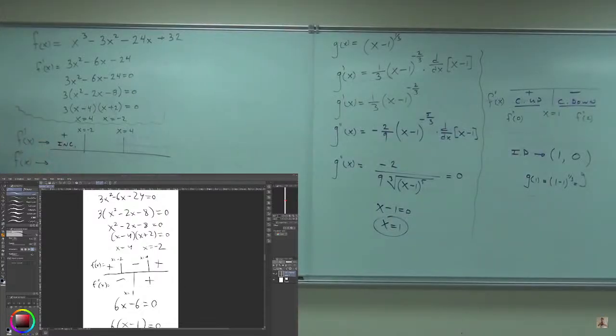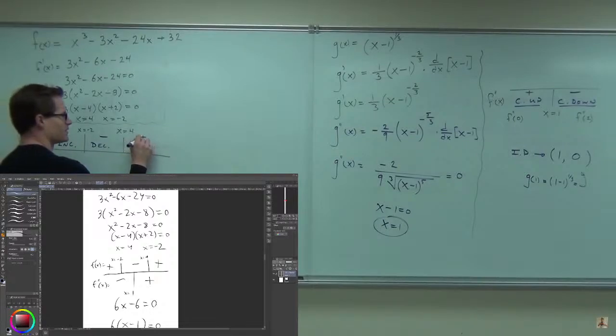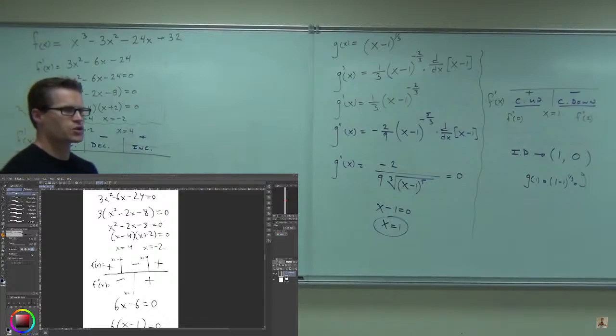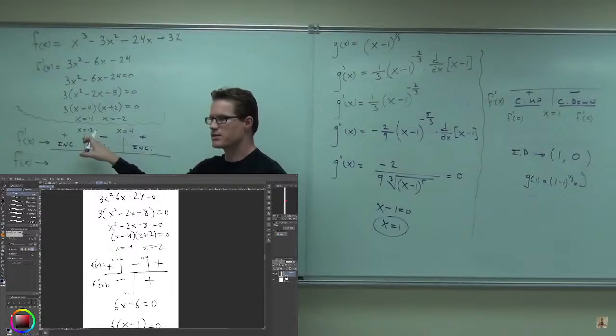How about for 0? I think I'd probably do that one. Decreasing. Increasing? Yeah. Show of hands, how many people made it that far? Did you interpret it correctly for increasing, decreasing, increasing?